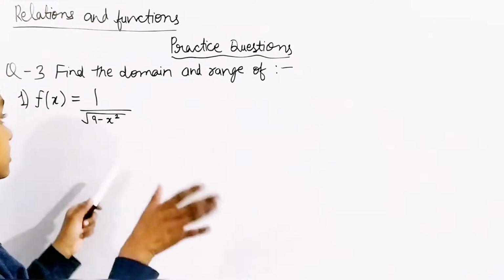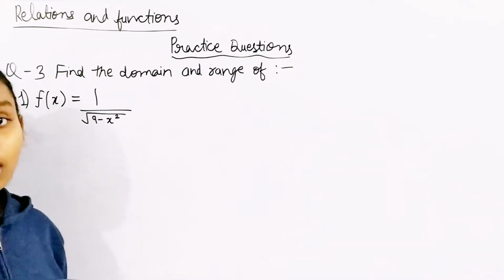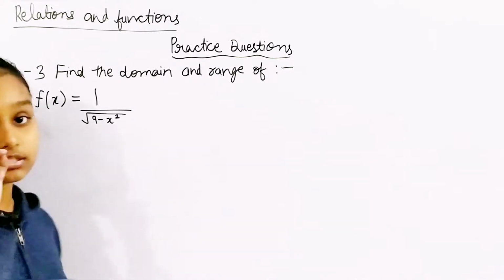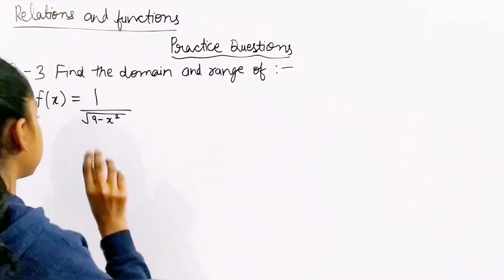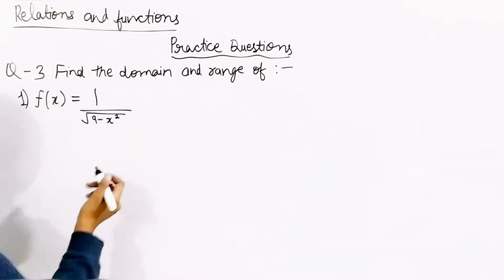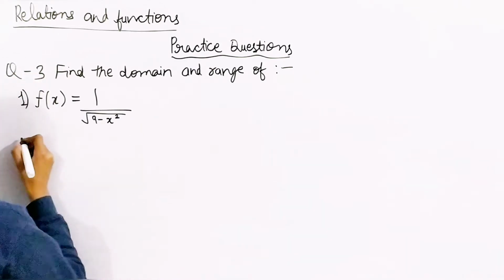But as far as we know, 9 minus x squared is greater than 0, and that's going to be a real number. So what I'm going to write is this.